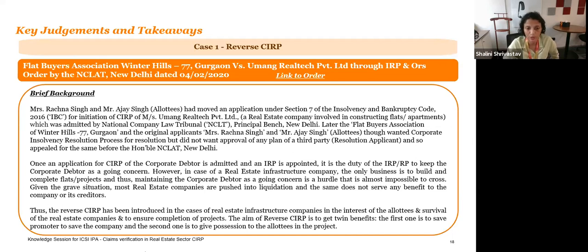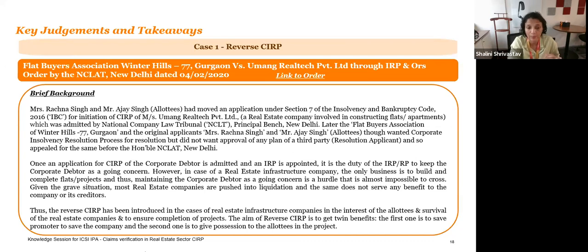Given the grave situation, most real estate companies are pushed into liquidation, which does not serve any benefit of the company or its creditors if a resolution plan is not received or a resolution is not worked out which achieves the original objective of delivering completed units to the home buyers.